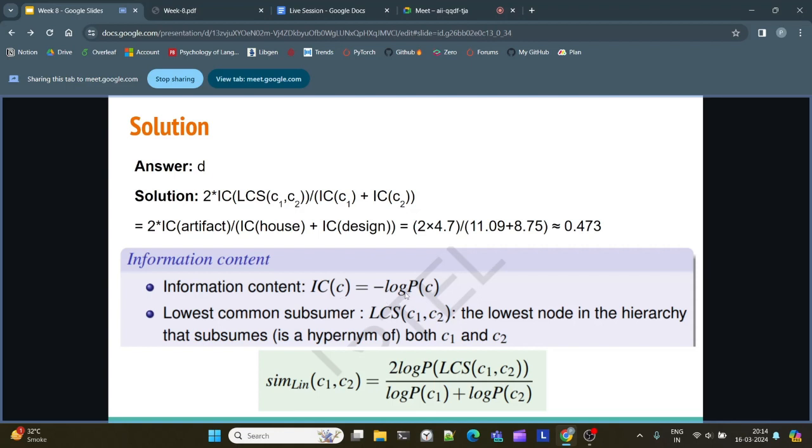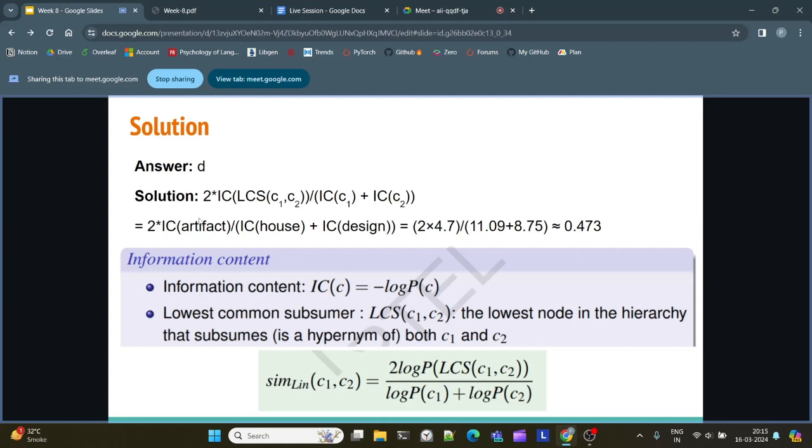IC of C is minus log of P of C. So similarly, if we use information content instead of log of P, we'll have the same formula: 2 times the information content of LCS of C1, C2 divided by information content of C1 plus information content of C2.